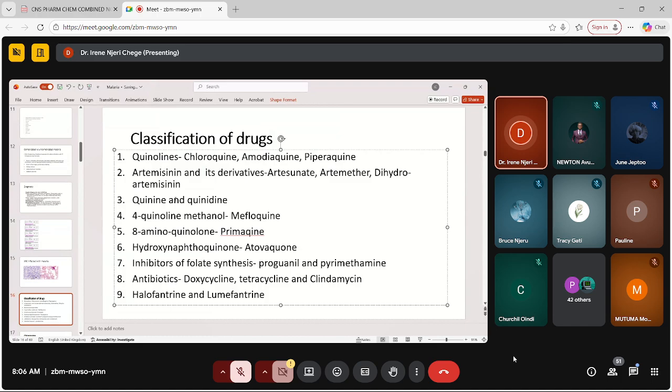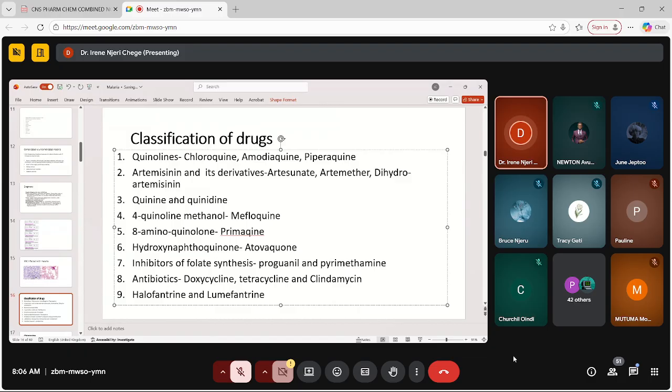We have chloroquine. This chloroquine, what is it? This drug is a highly effective blood schizonticide. So remember I told you I will refer to them as blood schizonticide, hematocidal, all those things.